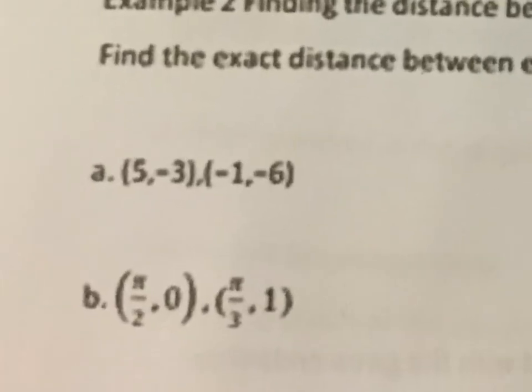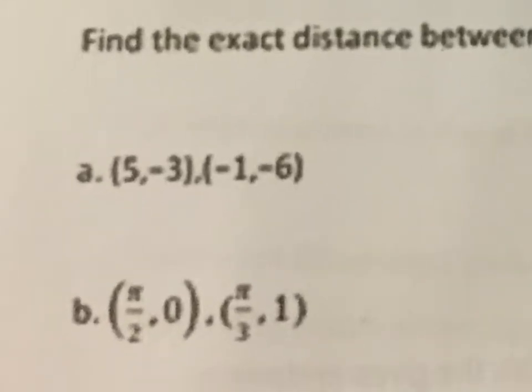So I'm going to zoom in because those numbers are small. So let's say that this is my x1, this is my y1, this is my x2, this is my y2. The only way you can mess this up is if you swap which one goes where.